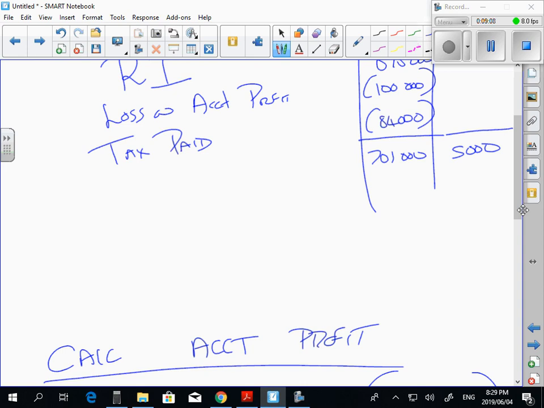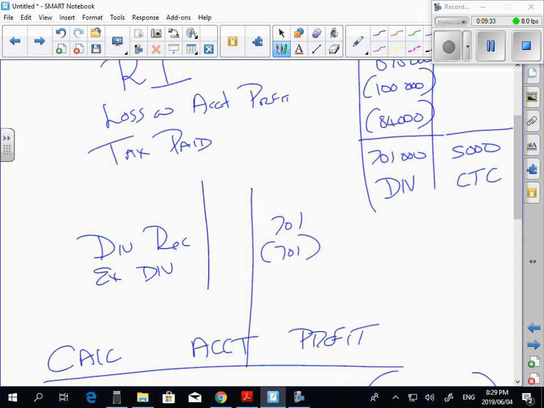So, if this was an individual, it would be different. But for this one, 701 is going to be your dividend, and 5,000 is going to be your CTC. And if I had to do a tax calc for this company now, I would say dividend received, 701, exempt dividend, 701.